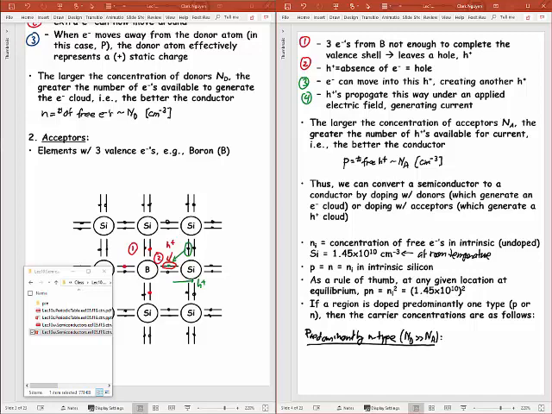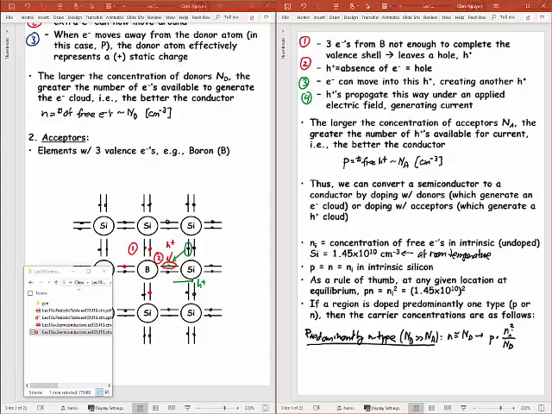In that case, I could say that the number of free electrons, N, is about equal to N sub D. And because of that, my hole concentration in that slab of silicon is just going to be equal to N sub I squared divided by N sub D. Basically I'm saying my Pn product is constant.